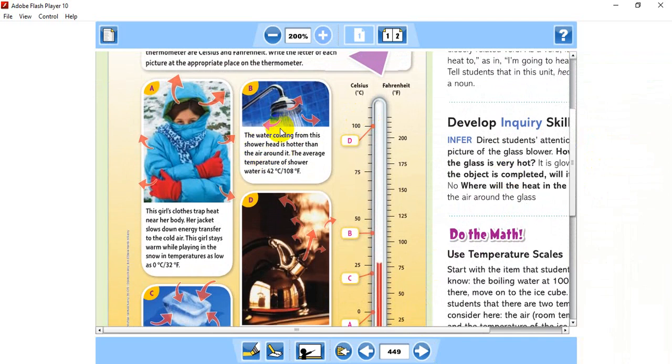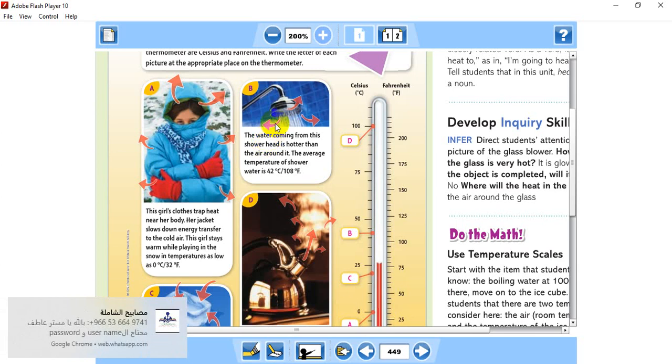See the water here. The water coming from this shower head is hotter than the air around it. What does that mean? In the bathroom, you will find what, guys? There is air, right? The temperature of the bathroom is always cooler than the warmer water itself. So for that reason, the water coming from this shower head is hotter than the air around it.